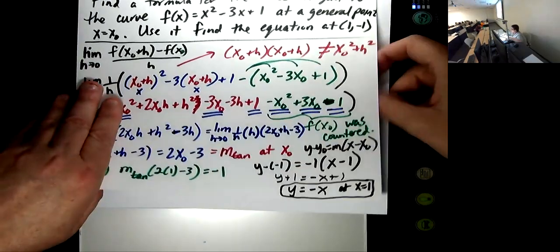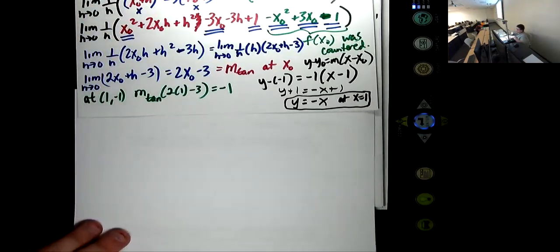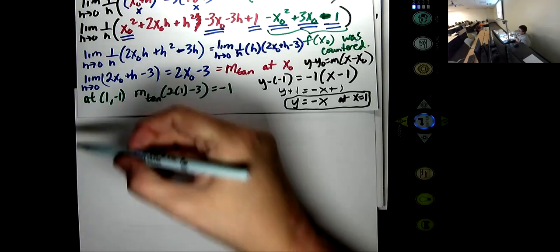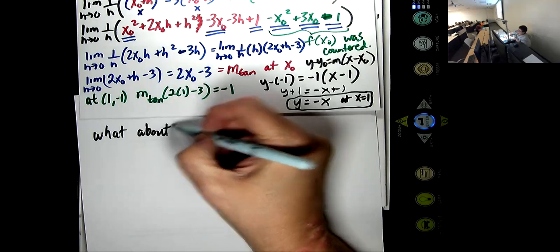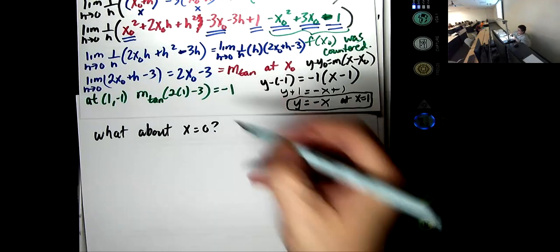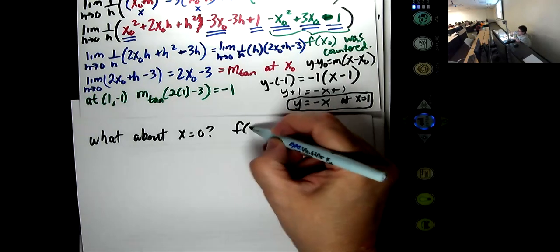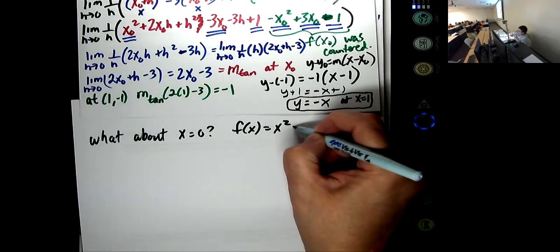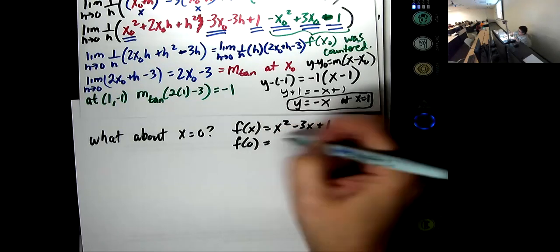If we look at the same, find the tangent line at x equals 0. What about x equals 0? Well, we're still doing f of x equals x squared minus 3x plus 1. So f of 0, which will be our y value, is going to be 1.